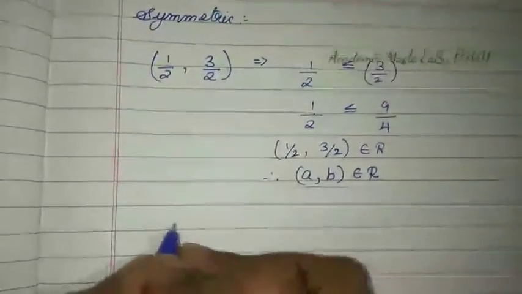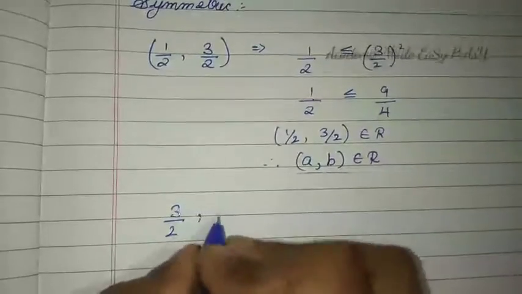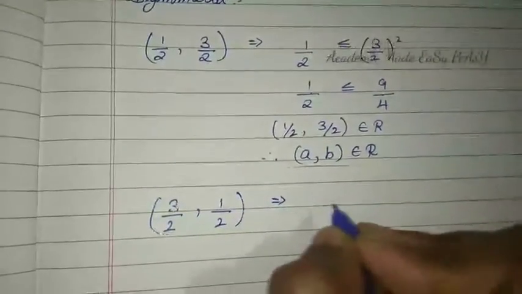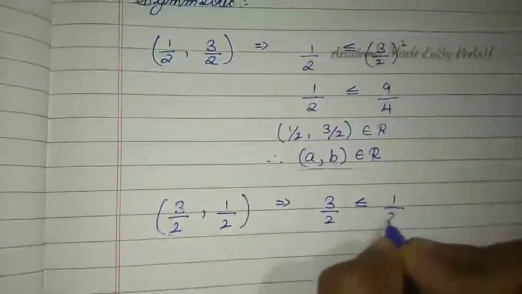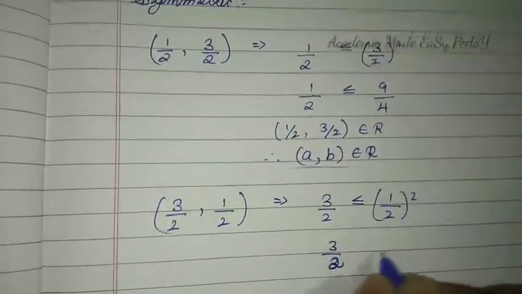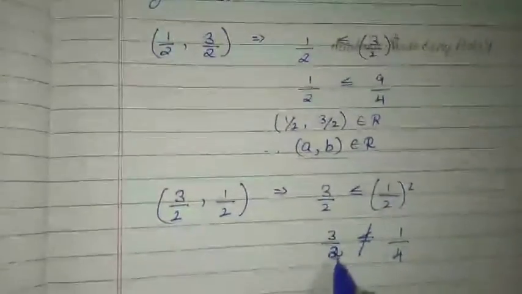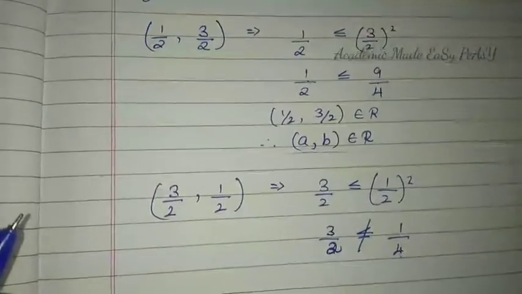Okay, next (B, A), isn't it? So I'm taking (3 by 2, 1 by 2). If I apply it in the given condition, 3 by 2 less than or equal to 1 by 2 the whole square. 3 by 2 is not less than or equal to 1 by 4, because this is 1.5 and this will be 0.25.